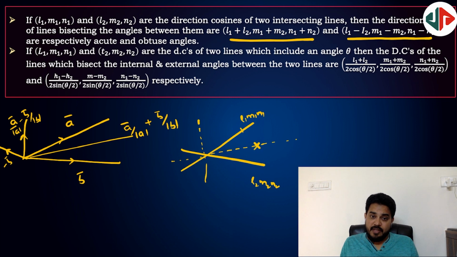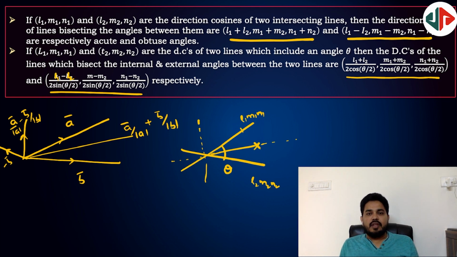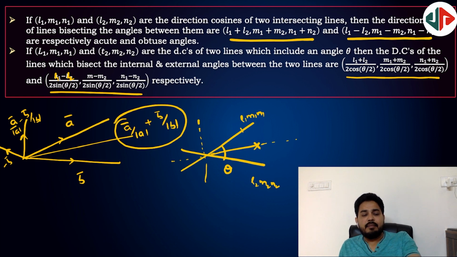Directional cosine means from here 1 unit. If this angle is theta, the directional cosines will be this one and this one respectively. This is L1 minus L2. So A bar by mod A plus B bar by mod B will be the angular bisector.